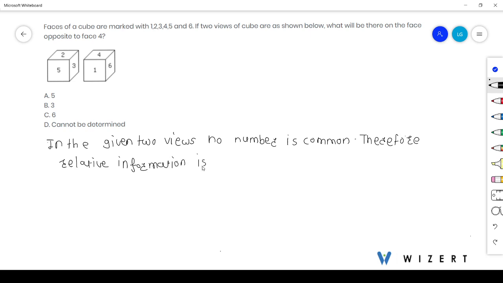Not known, and we cannot determine opposite faces with these two views.